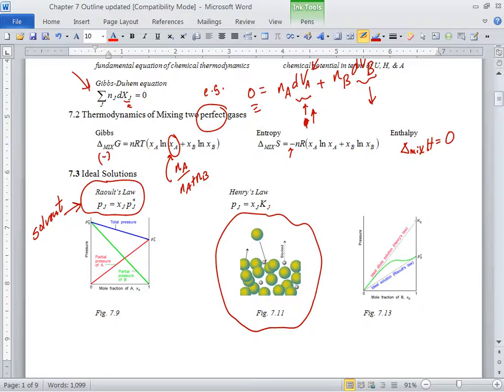That's the thinking there. So if PJ is a vapor pressure, and J is just whatever, if water's your solvent, then J would be water. XJ would be the mole fraction of the solvent. PJ star. What was PJ again?